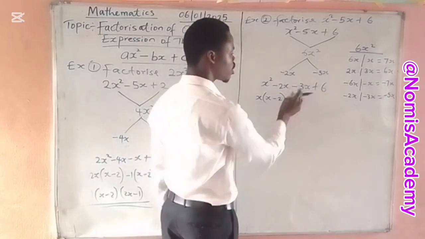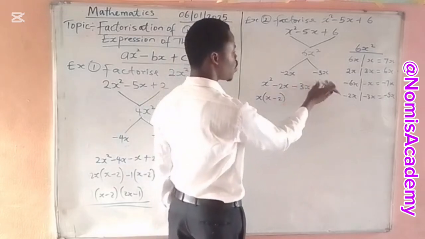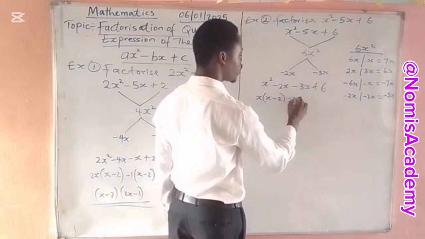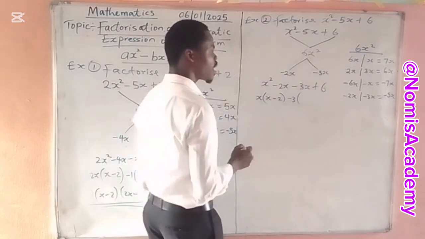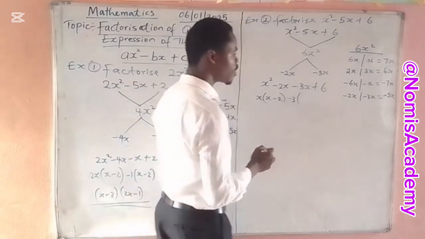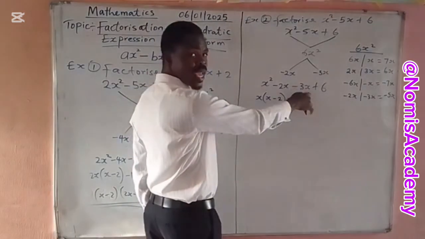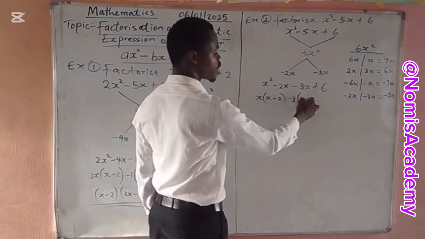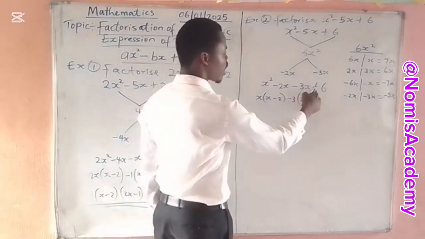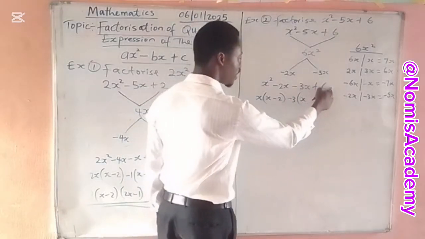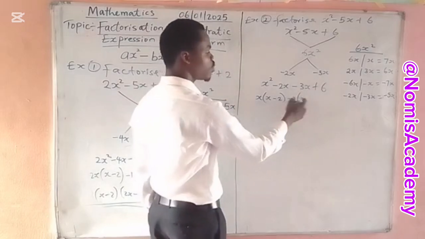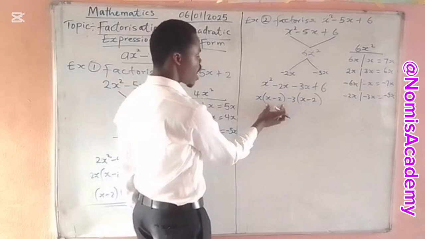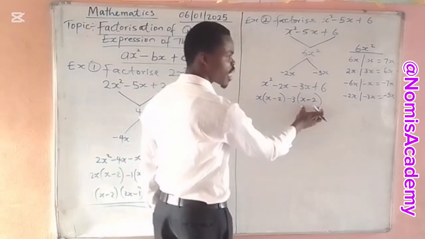We can divide this by minus 3, so minus 3 outside, and then we enclose the rest in the bracket. Minus 3x divided by minus 3 will give me x, and then my plus 6 divided by minus 3 will give me minus 2. So you can see that we have x minus 2 and x minus 2.